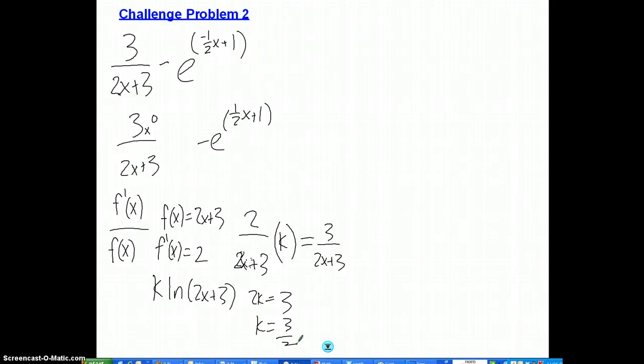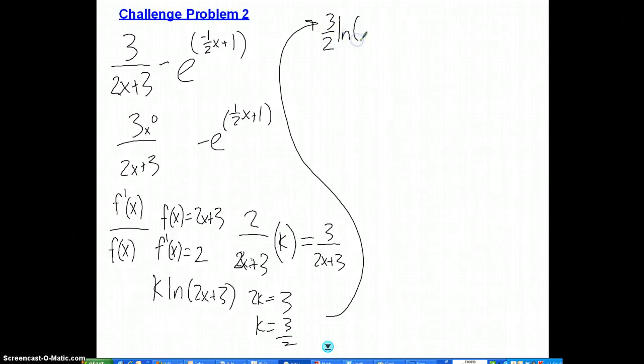Going all the way back up, the first part of the antiderivative would be 3 over 2 ln 2x plus 3. And then we go to the second part, which is negative e to the 1/2 x plus 1.